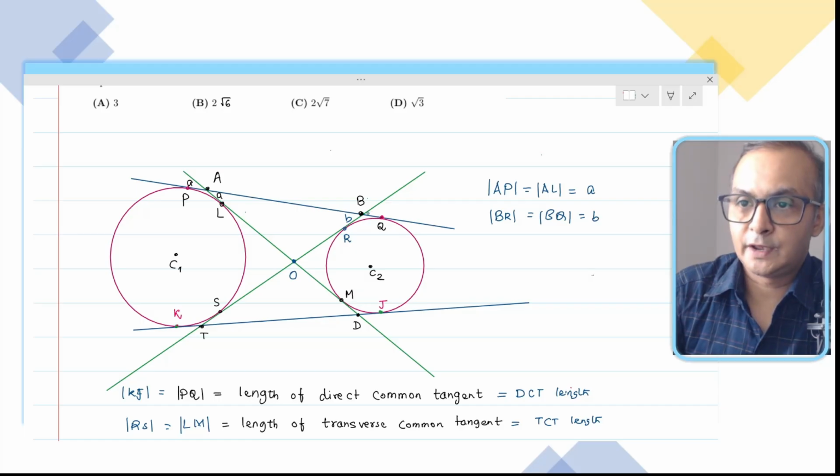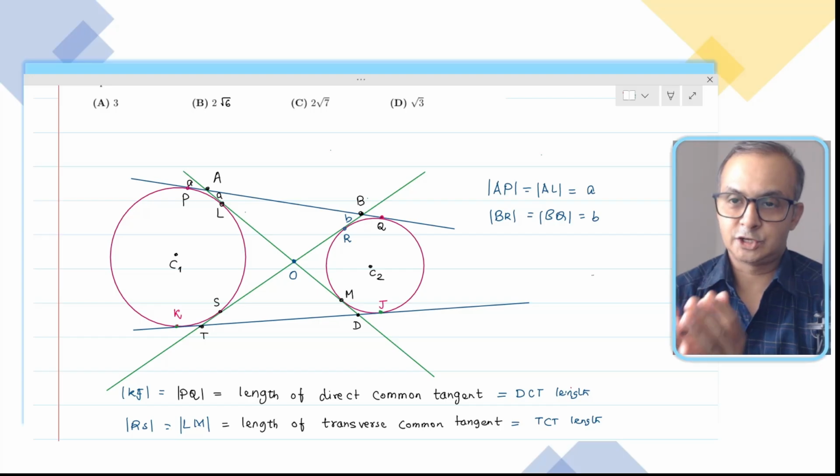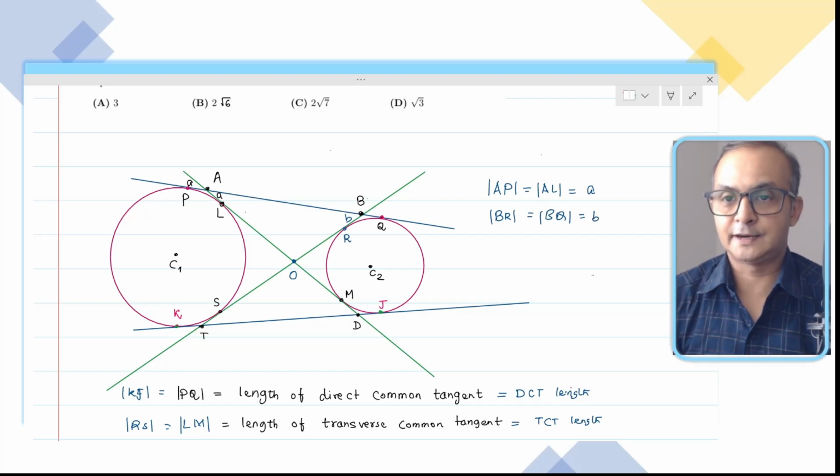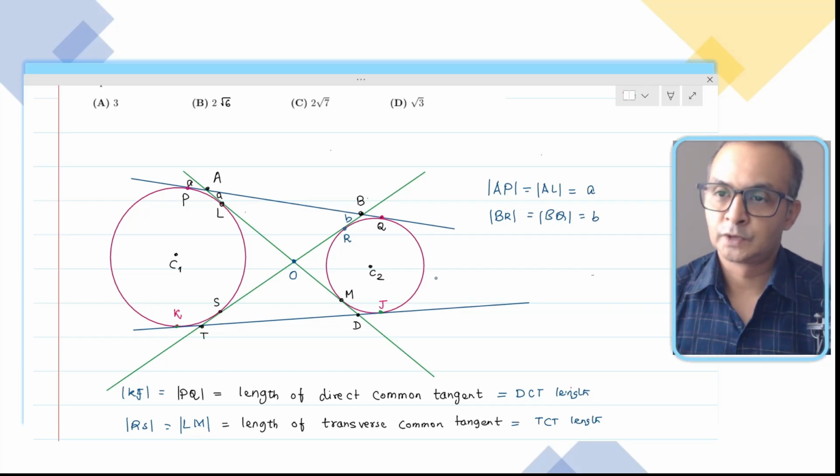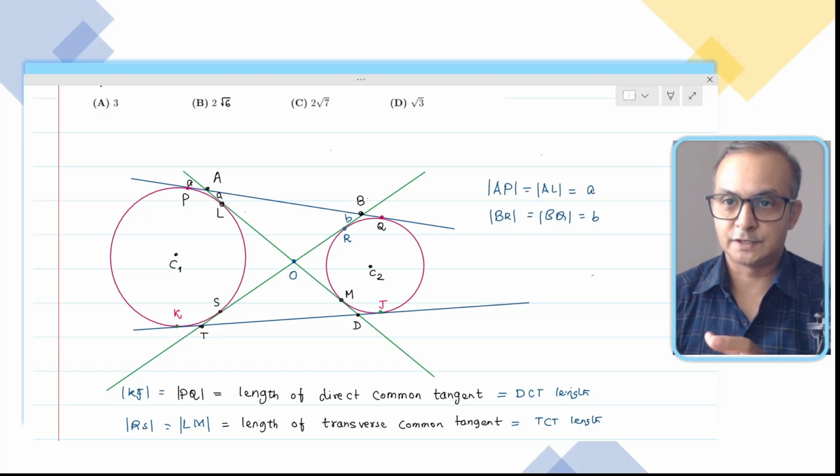Again, B is the point from which we are drawing two tangents, BR and BQ, to circle 2. We can understand that they are symmetrical. We can prove it geometrically also, but that is not the scope of this video.